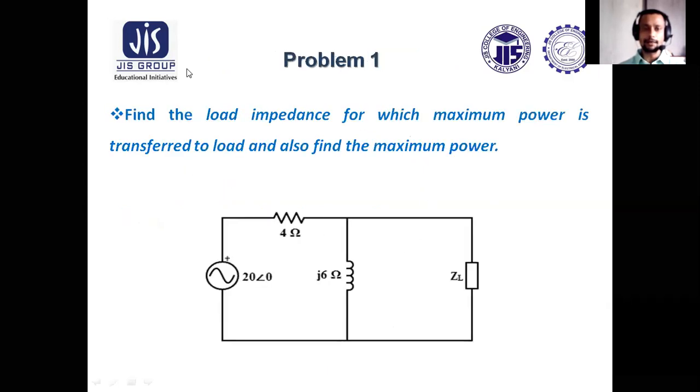Okay. Here this circuit is given. We are asked to find ZL. ZL is not given, so ZL is to be found by us to transfer maximum power to the load side, and also maximum power is to be found. See here, this is the ZL.